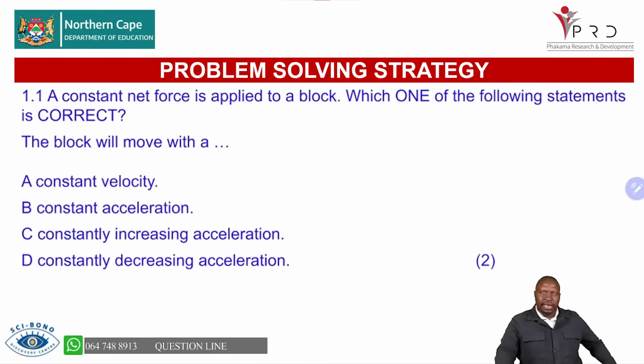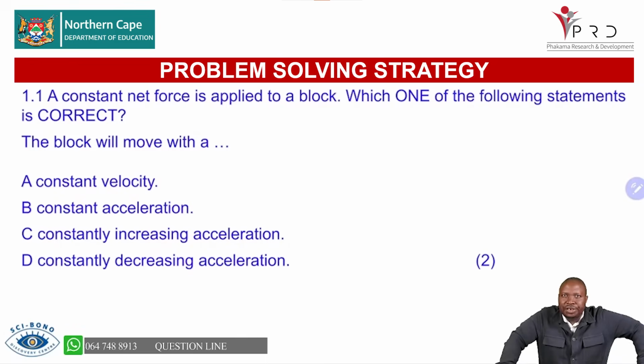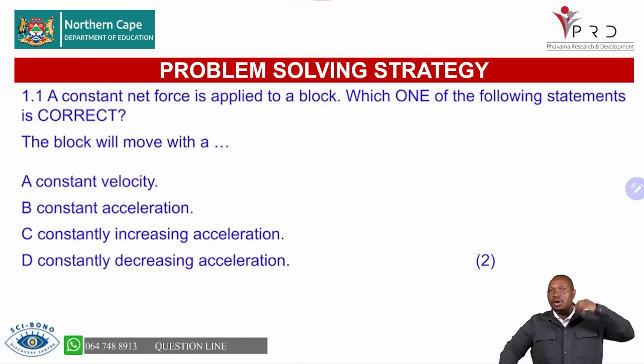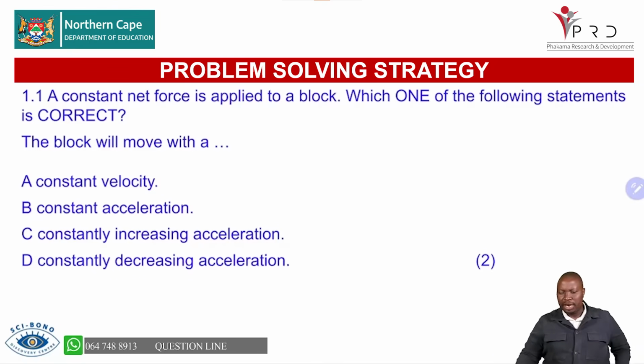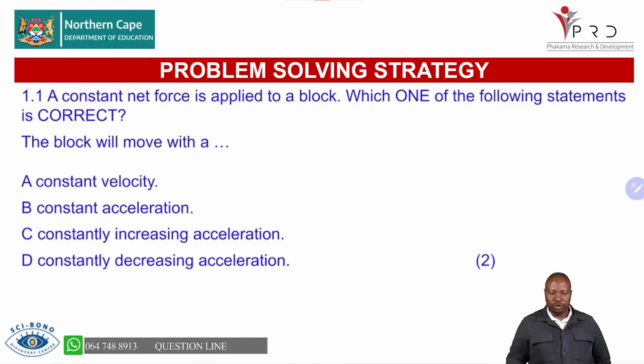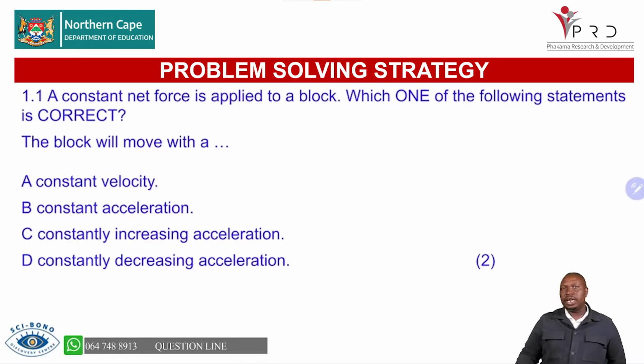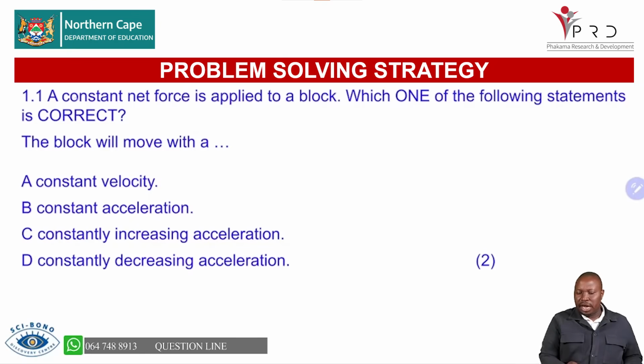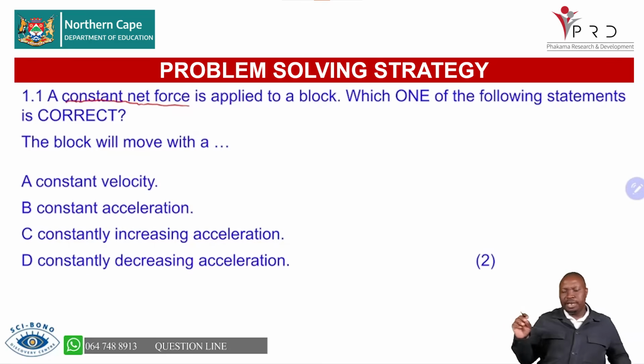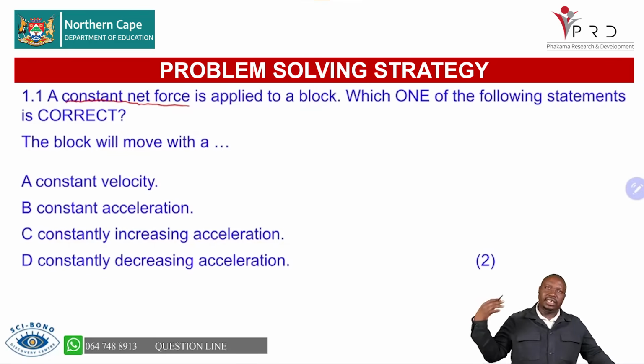Now, let's move straight to the questions. As I indicated, we're going to do the strategy as to how you are going to respond to a question. In November 2023, question 1.1, a question was asked: a constant net force is applied to a block. Which one of the following statements is correct? It's very important before you answer a question to ask yourself which law, because I'm dealing with Newton's laws here. Which law talks about a constant net force?